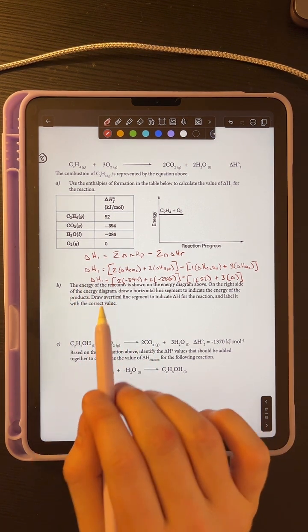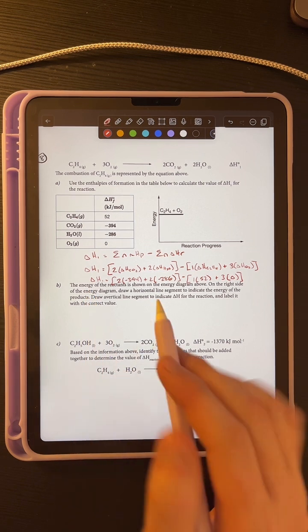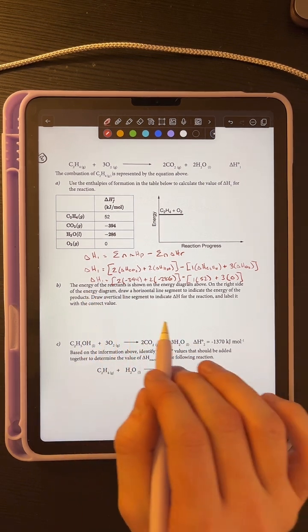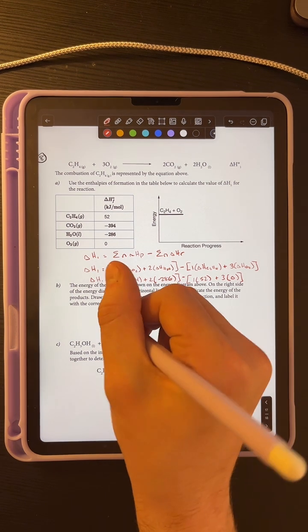Because part B isn't an actual question in terms of calculation or anything, I don't need this space, so I'm going to use the space down here.